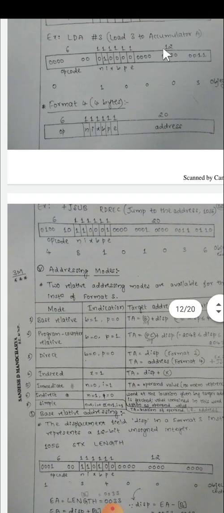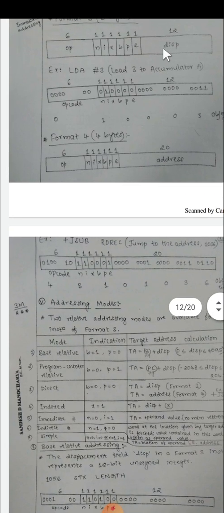the address field is of length 20 bits, but in the SIC machine the address field was only 15 bits. And even in format number 3, the displacement field was only 12 bits. But now we are seeing 20 bits of address field.